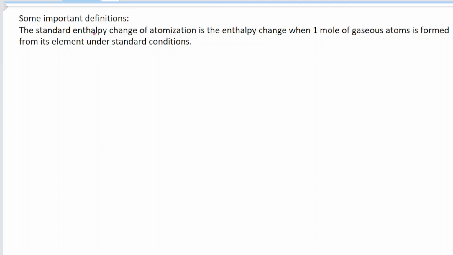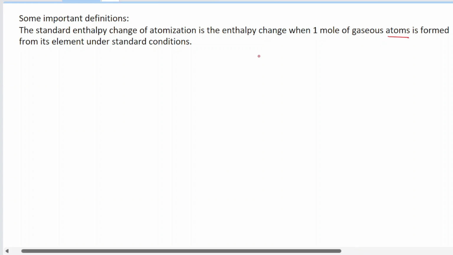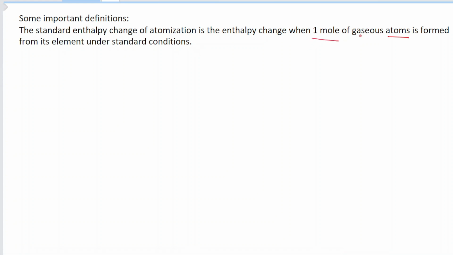Now, the standard enthalpy change of atomization is the enthalpy change when 1 mole of gaseous atoms is formed from its elements under standard conditions. So again, we have some key terms here. The first one is that it's supposed to be 1 mole and then of gaseous atoms, right? And it's supposed to be under standard conditions.